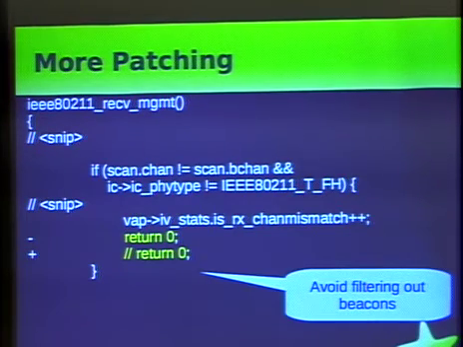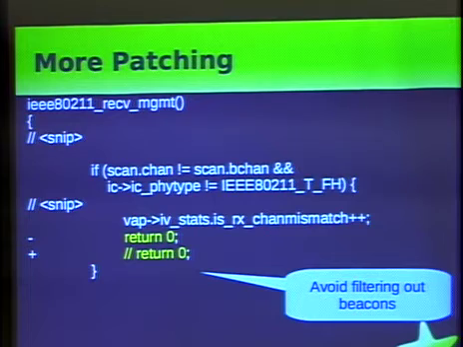And it turns out that there is another place in the management frame receiving path which basically discards the beacons that come in on a channel other than what you're on. And so in order to receive those beacons from a real access point so that we could synchronize to it, we just need to disable the discarding part.